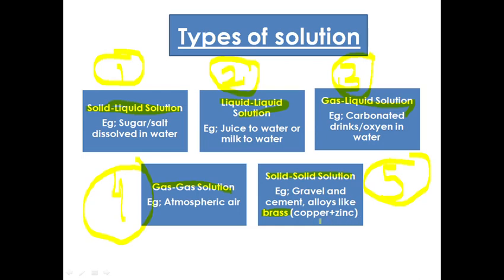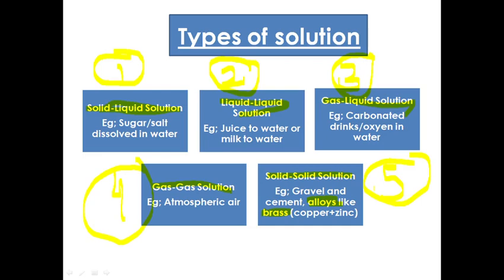Once we mix copper and zinc together, we make brass. We call this an alloy. So remember this term: an alloy is a product formed by mixing two different metals. So these are the different types of solution: solid liquid, liquid liquid, gas liquid, gas, and solid solution.